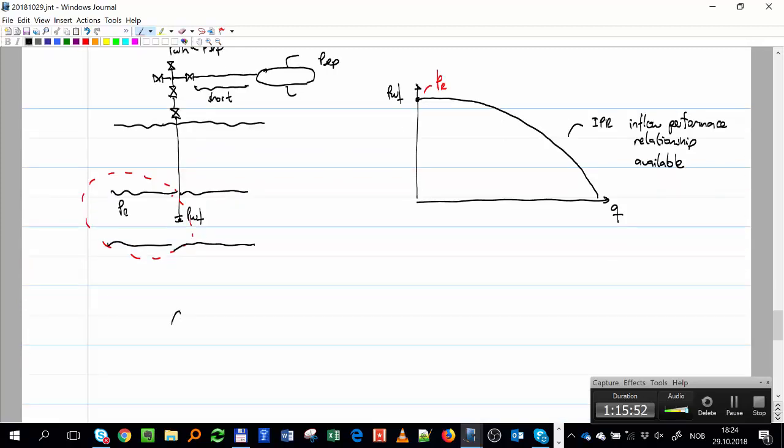Let's draw a separator first. Okay? How does a separator look like? It's a big vessel. Okay, we have two lines coming out, one for the gas, where we have a valve that we can adjust, like a needle I can take up and down. And here I have Q gas and Q oil.